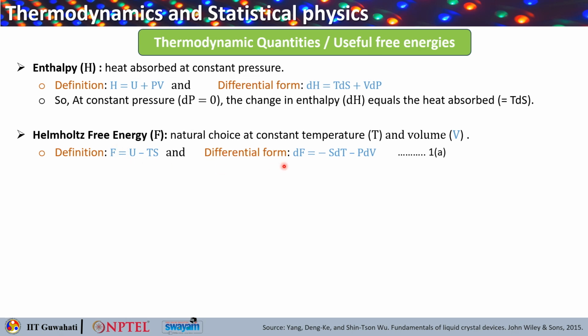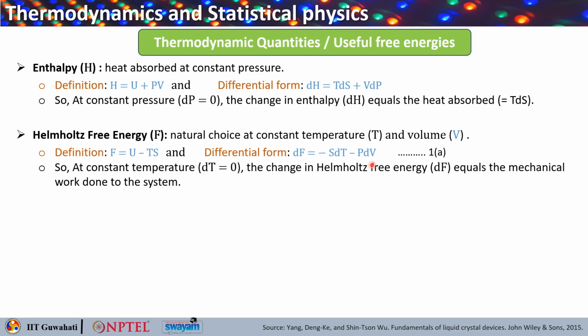So, you can write this in the differential form as well. So, you can write this as dF equals minus S dT, and this can be written as minus P dV. So, if you consider a constant temperature system, that means your dT is 0. In that case, the change in Helmholtz free energy is simply equal to minus P dV, that is the amount of mechanical work done to the system.